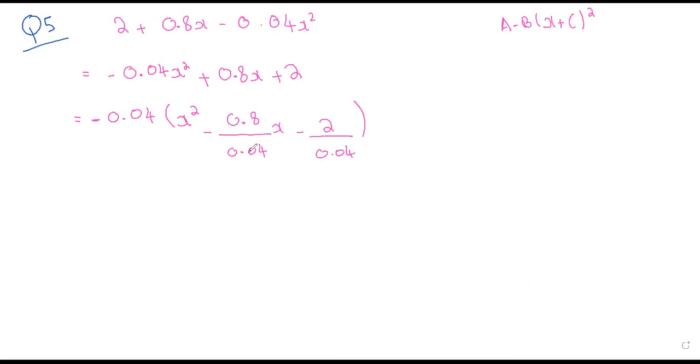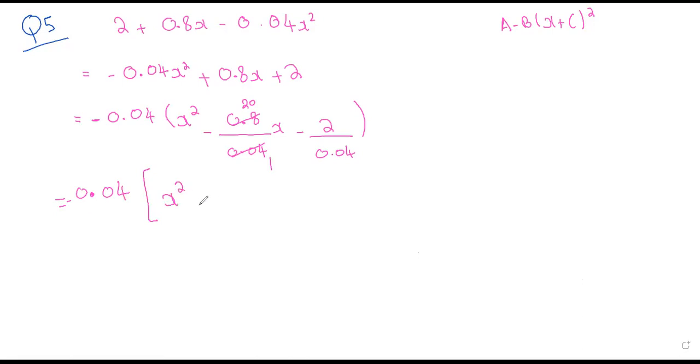Now I can simplify this. This is 1 time, and this is going to be 20 times. If I do it for this one, that would be 1 by something. So let's write it down this way for now. Minus 0.04 would come as it is.